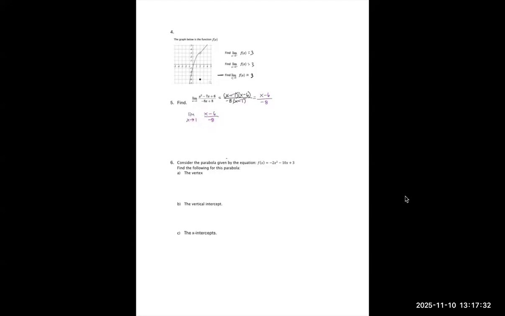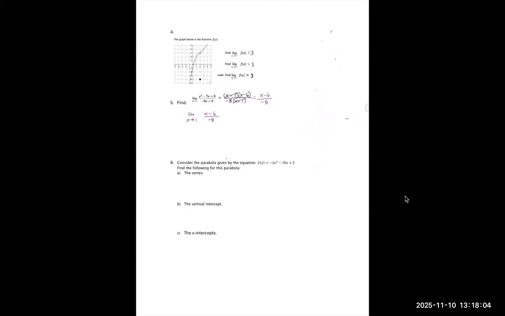In that case, as we approach 1, the graph would probably approach negative infinity from one side and positive infinity from the other. I'm not sure which would be which, but it would be something like that. We'd have a vertical asymptote of some sort at 1 if 1 still made the denominator 0. So there you go.